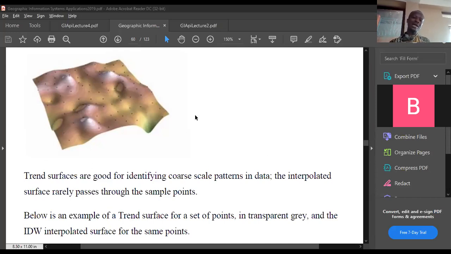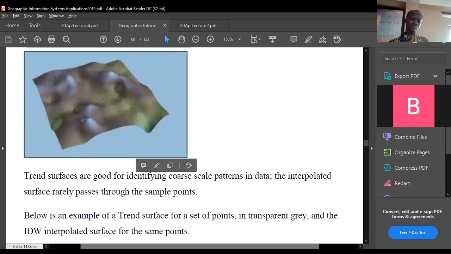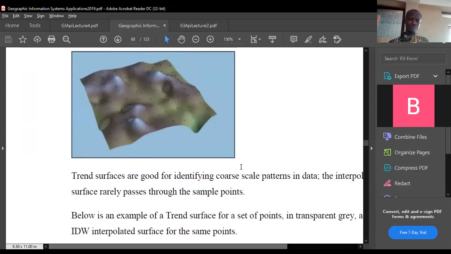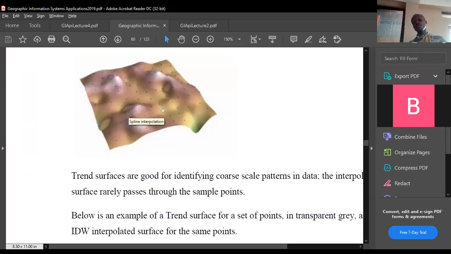So in this diagram we are looking at right now, this could be the surface of a place that you can walk on, or it can be just the presence of something.